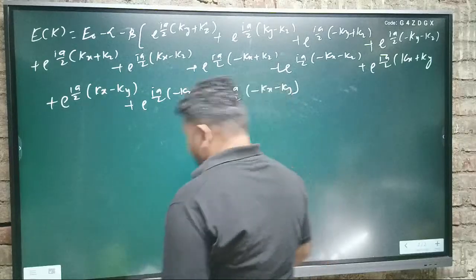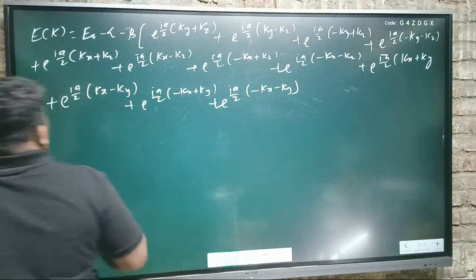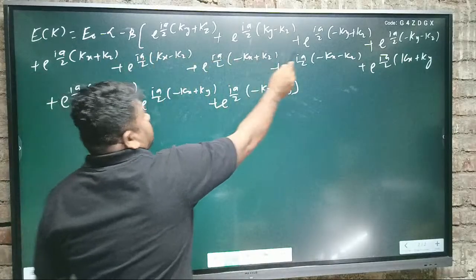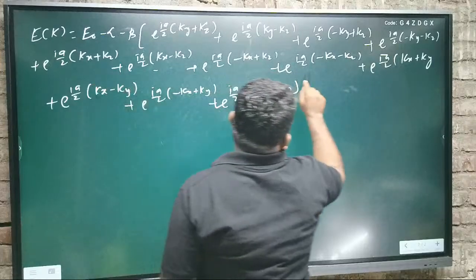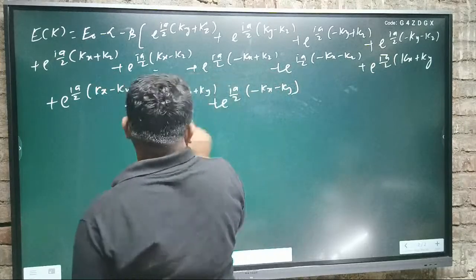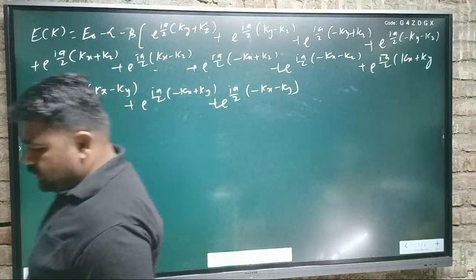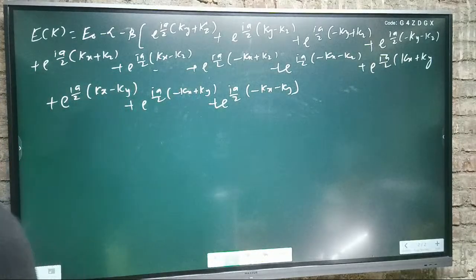Okay, total how many terms? 1, 2, 3, 4, 5, 6, 7, 8, 9, 10, 11, 12 terms. Okay, 12 terms. Yes.